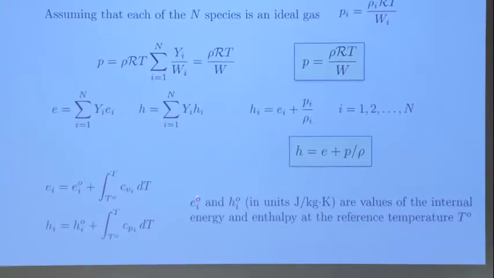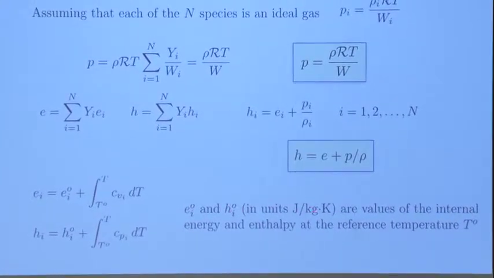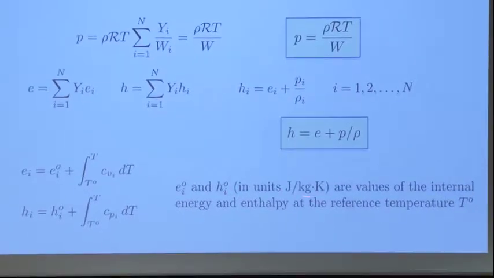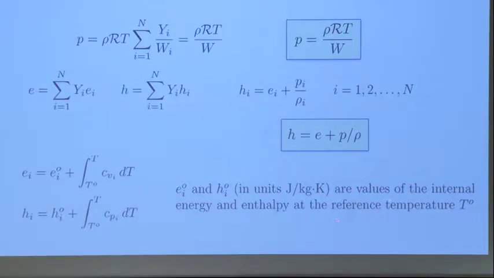So these EI naught and HI naught are essentially reference values, the reference internal energy and enthalpy at the reference temperature T naught, okay?